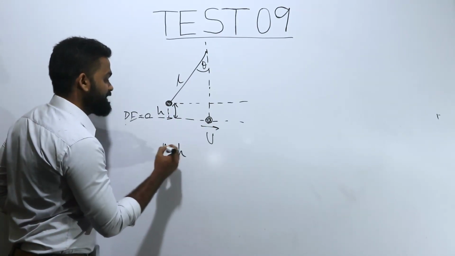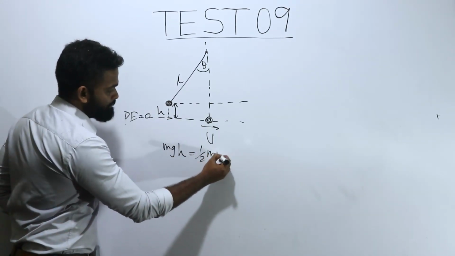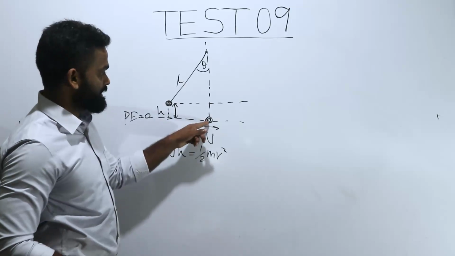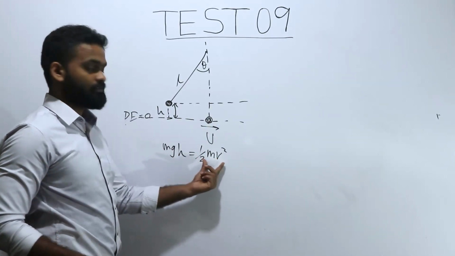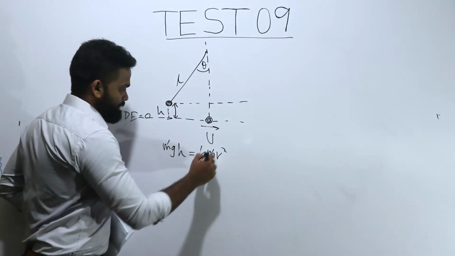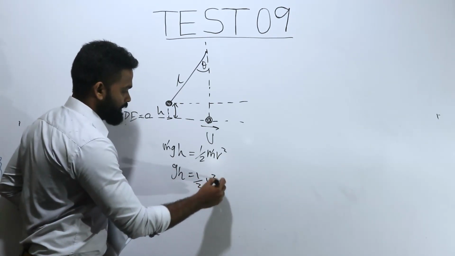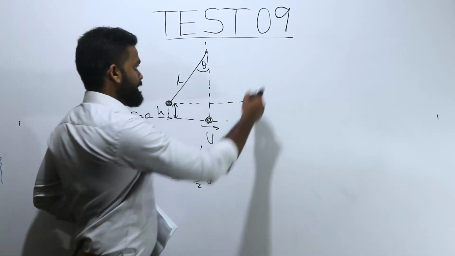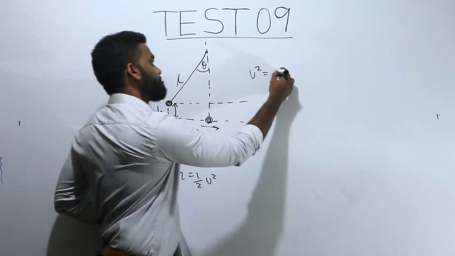So potential energy here is mgh, that is equal to half mv squared, the kinetic energy here. Here there is no potential energy, so the whole potential energy converts into kinetic energy. Then m cancels off, then gh equals half v squared. Then v squared is equal to 2gh.